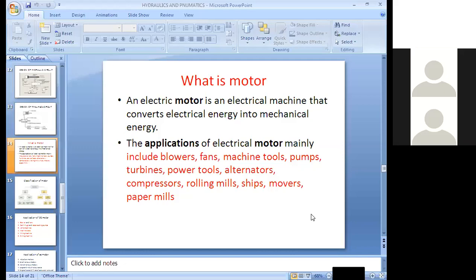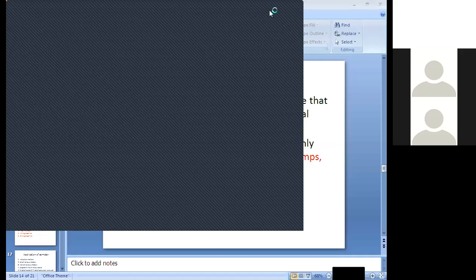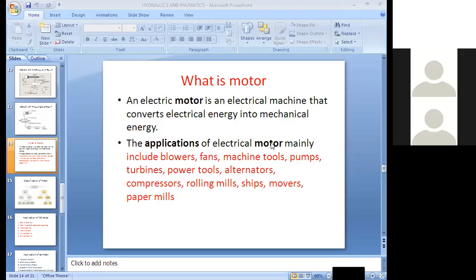So what is a motor? An electric motor is an electrical machine that converts electrical energy into mechanical energy. Very important. Electrical energy is converted into mechanical energy.